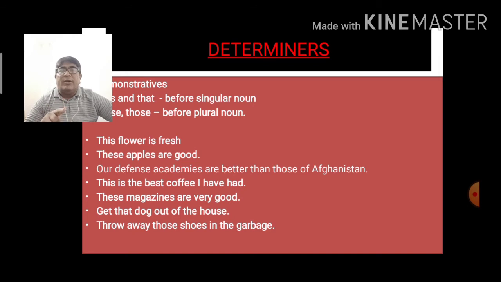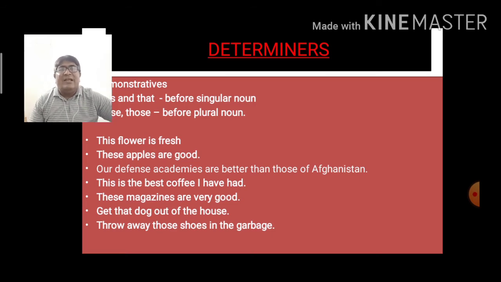This is very important. This and these indicate things which are very close to us, and that and those are determiners which can be used for things which are far from us. We have to clarify this while using these demonstrative determiners, while speaking, reading, writing, and understanding statements.